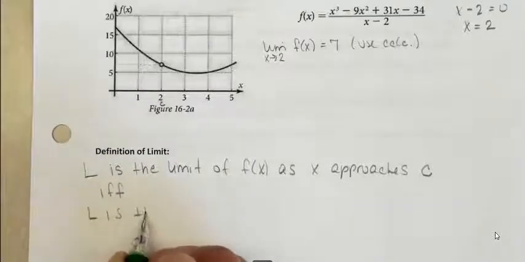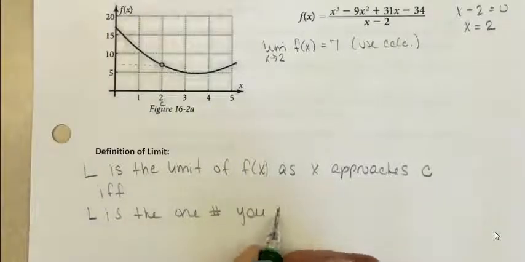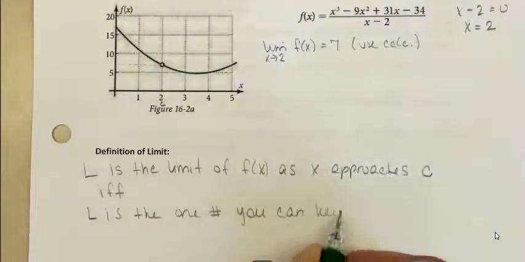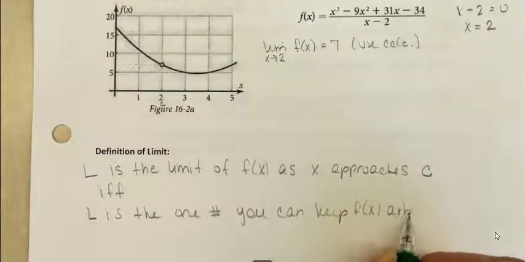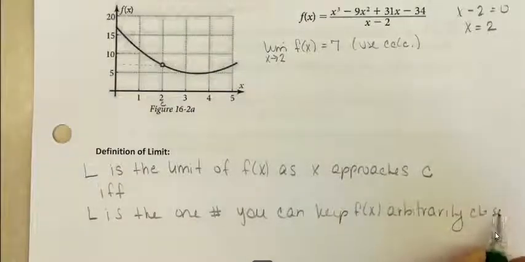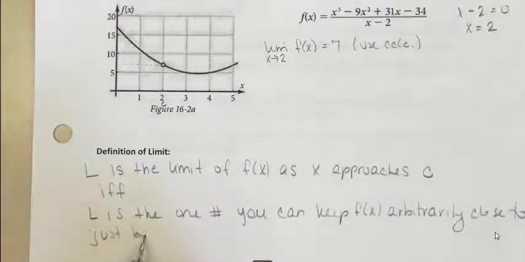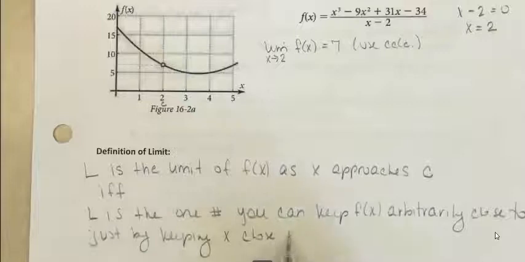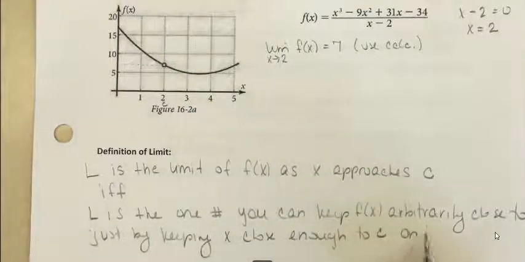L is the one number you can keep f of x arbitrarily close to just by keeping x close enough to c on both sides.